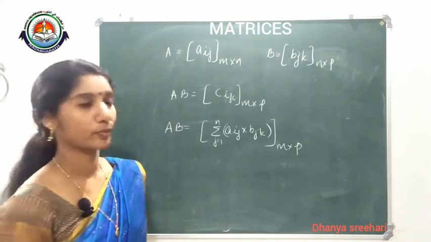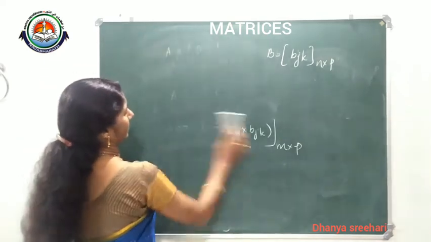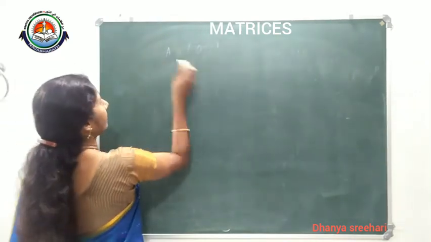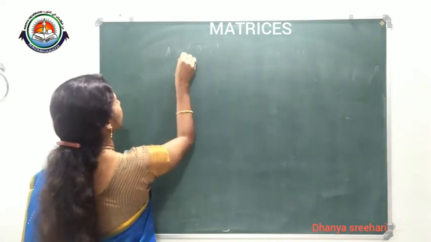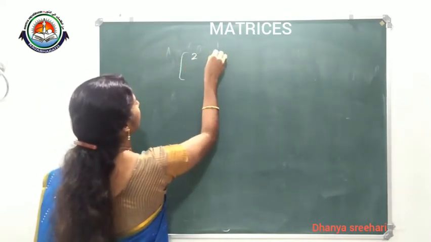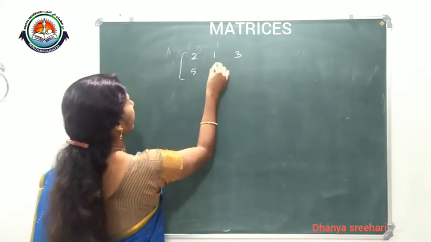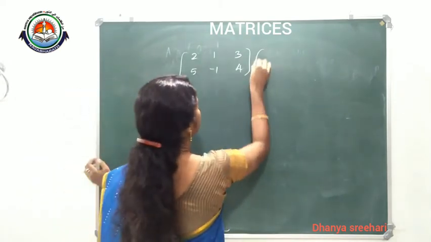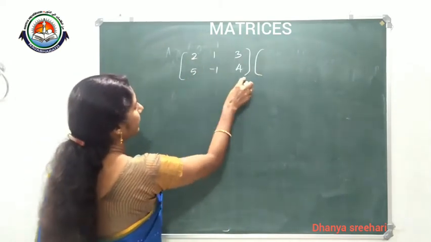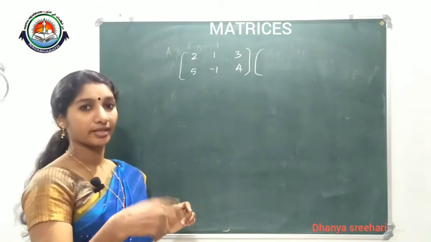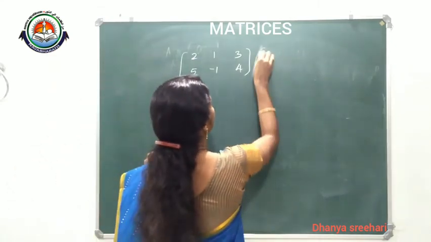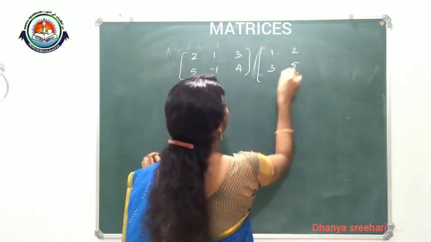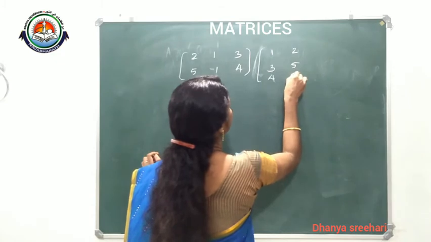Okay, we can do one more problem. Matrix A is equal to [2, 1, 3; 5, -1, 4], and another matrix B, whose order should be 3 by something, is [1, 2; 3, 5; 4, 3].